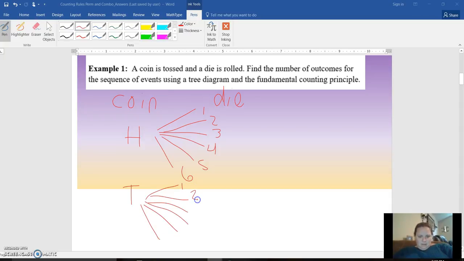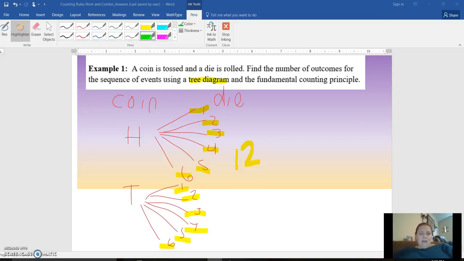And so there are 12 possibilities. Okay, that's if we did a tree diagram.